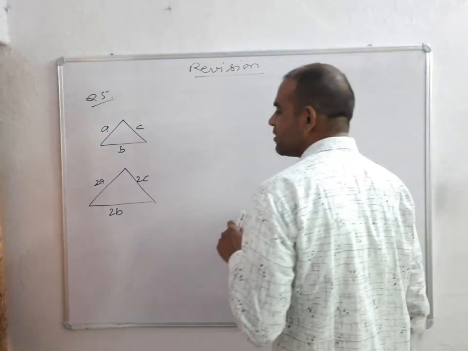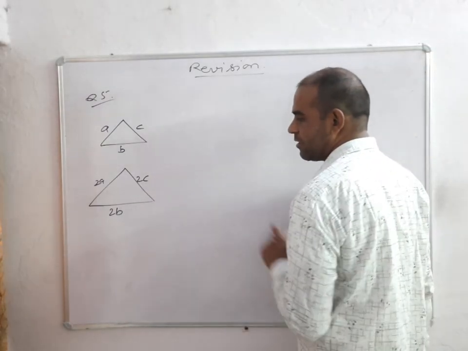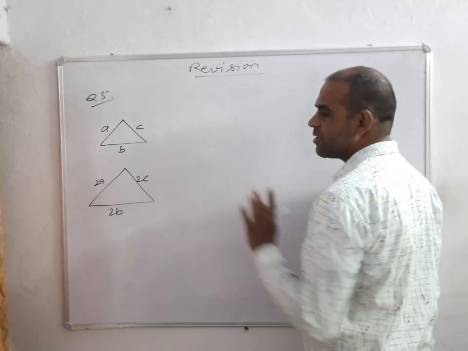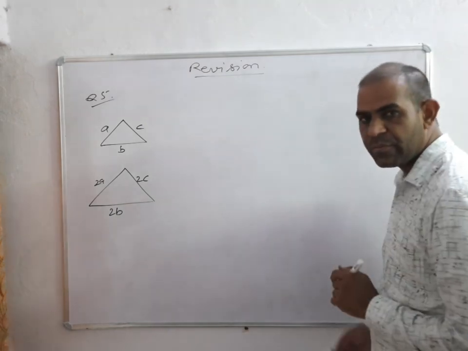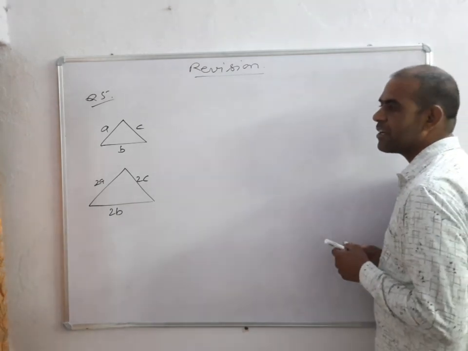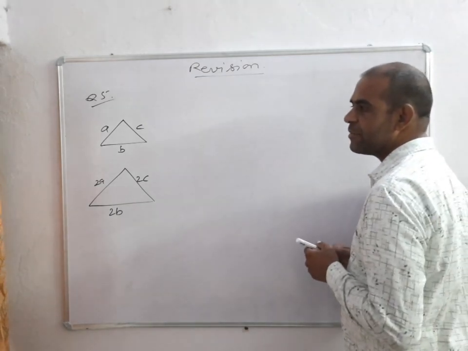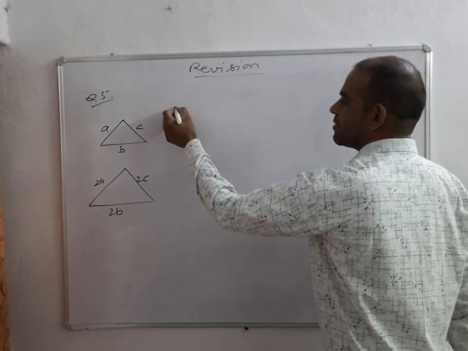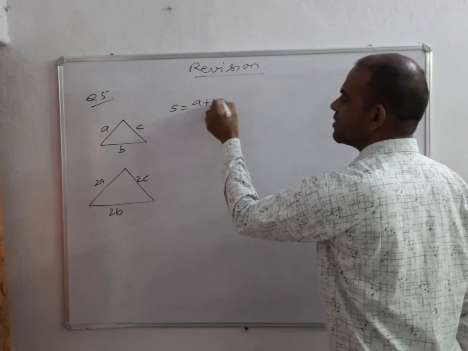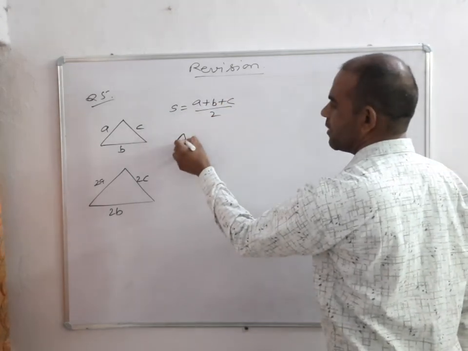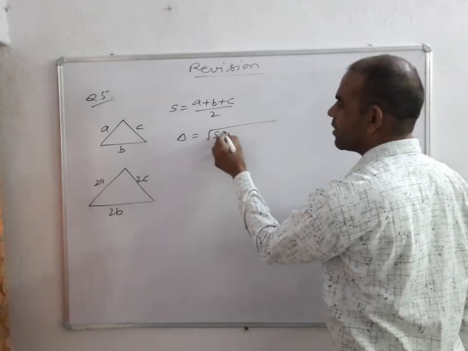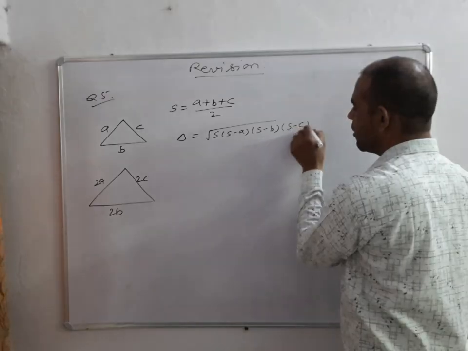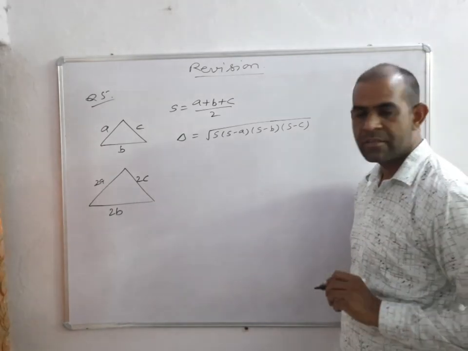Find the percentage increase in the area of the triangle. अगर हम साइडों को डबल कर दें तो एरिया कितना परसेंट इंक्रीज होगा. तो first of all, given a triangle ABC whose sides are A, B and C, and its semi perimeter is S equals A plus B plus C by 2, and area of the triangle is square root of S into S minus A, S minus B, S minus C.